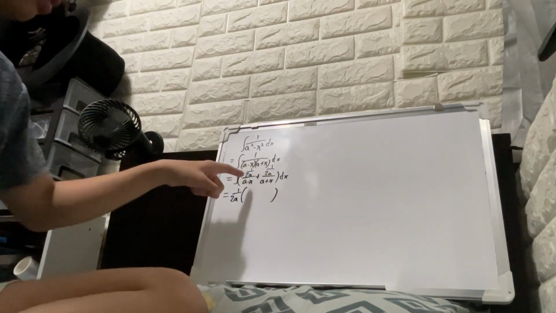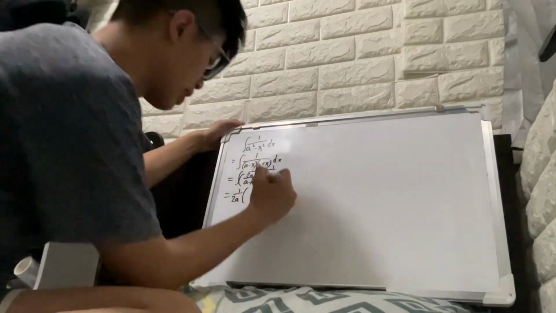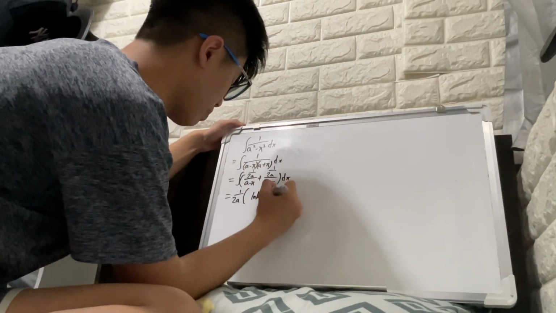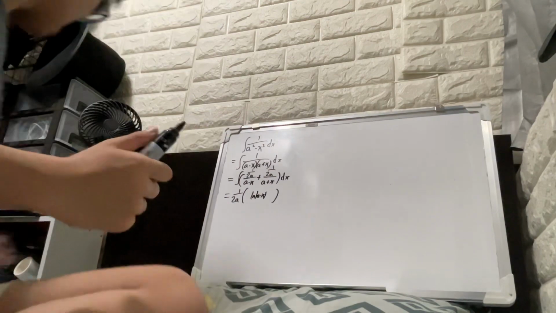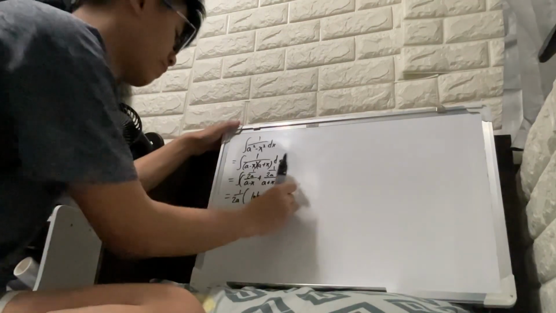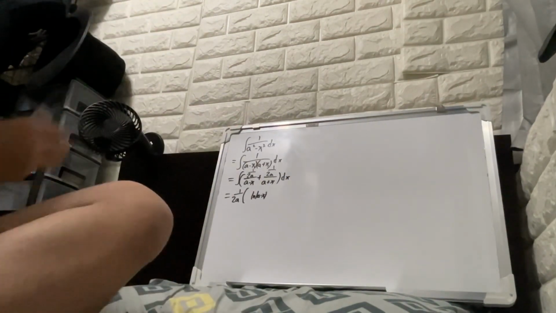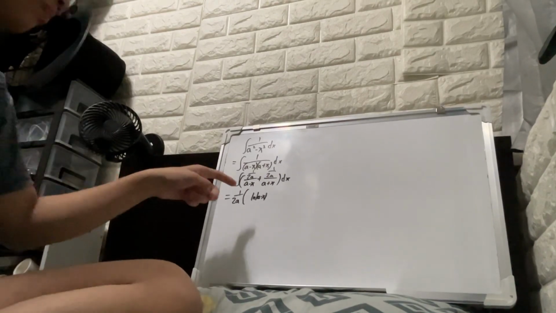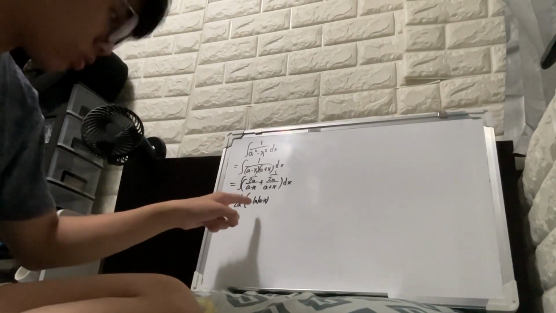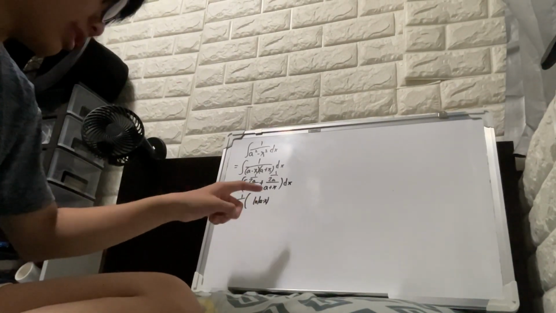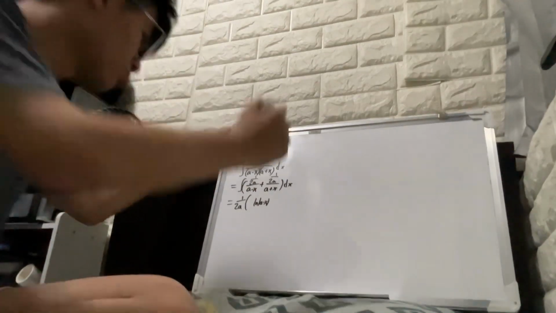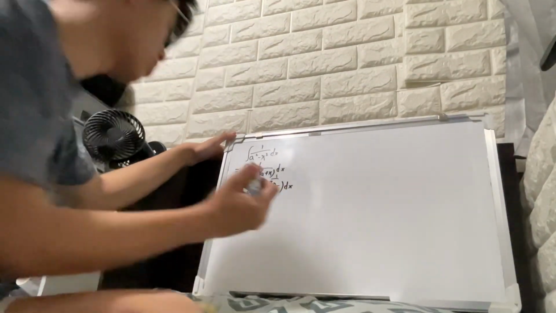And here's the deal. 1 over a minus x, first you get ln absolute value of a minus x like that. But don't forget about the chain rule. You're gonna divide by negative 1 like that. So multiply by negative 1, they are the same.